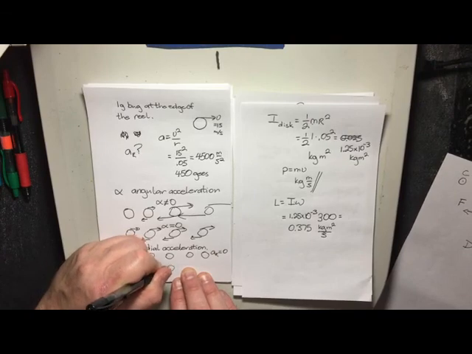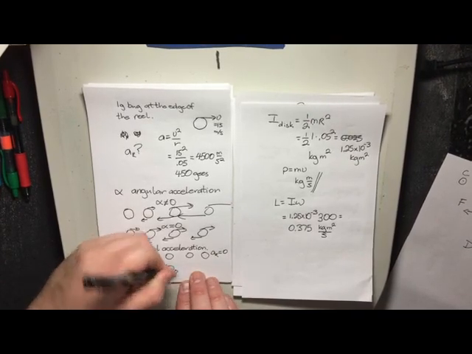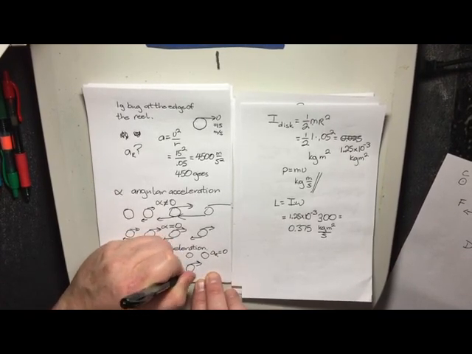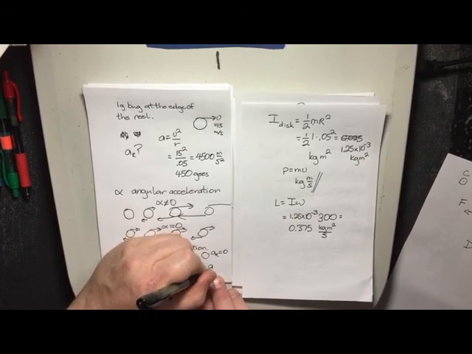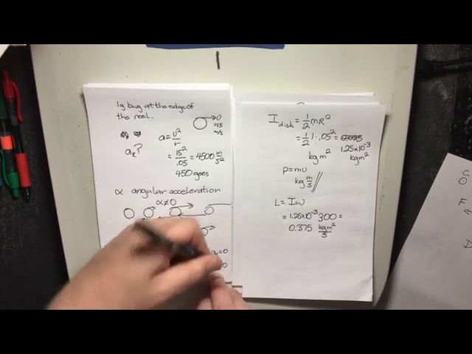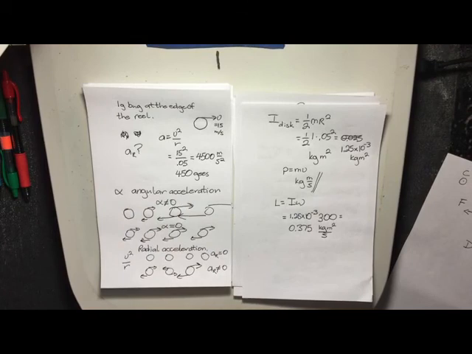This thing could be spinning in either direction with any magnitude, and it's equal to non-zero. Radial acceleration is different from angular acceleration. Angular acceleration just lets you know if the object is spinning up or spinning down.